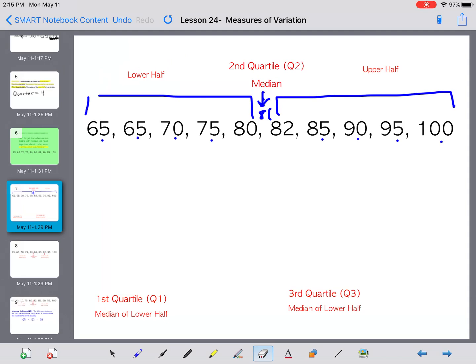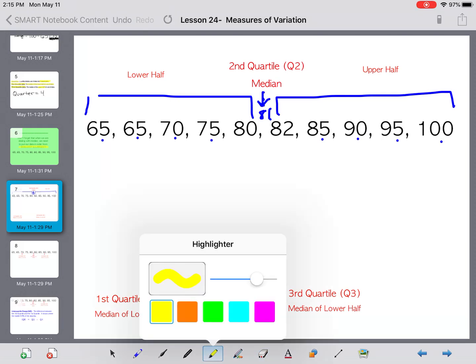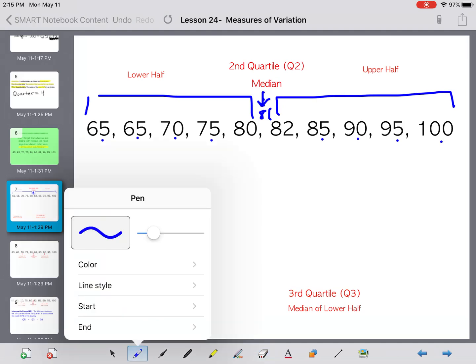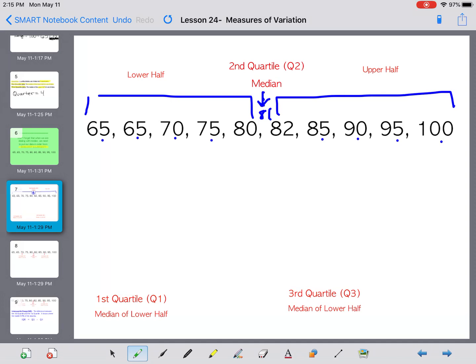Now, from there, guys, in the lower half, what they want you to do is calculate your first quartile. And that's the median of the lower half of your data. To do that, I'm going to switch to green. What we need to do is calculate the middle of the lower half of the data.